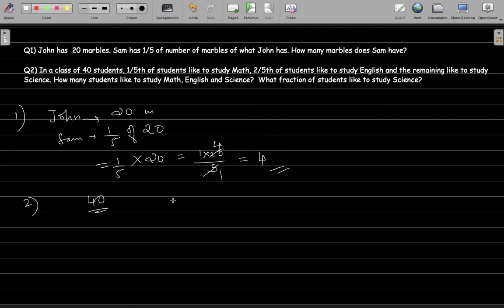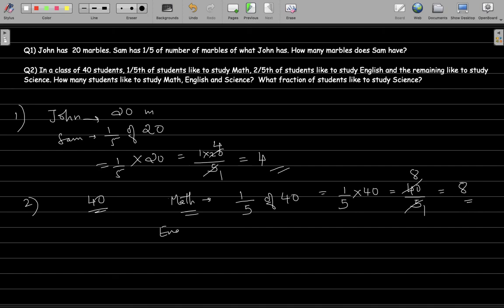Now see, the question goes that the total number of students are 40, isn't it? Now the number of students who like to study maths are 1 by 5th of all the 40 students, isn't it? That means 1 by 5 times 40, which is 40 by 5. 5 times 8 is 40, so it is 8. So number of students who like to study math in that class of 40 students is 8.